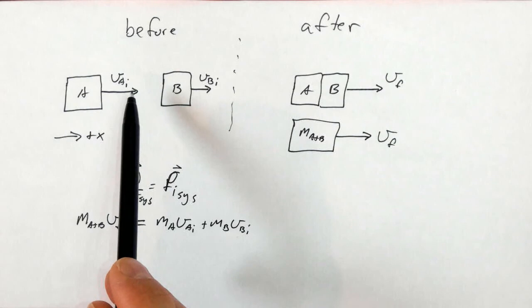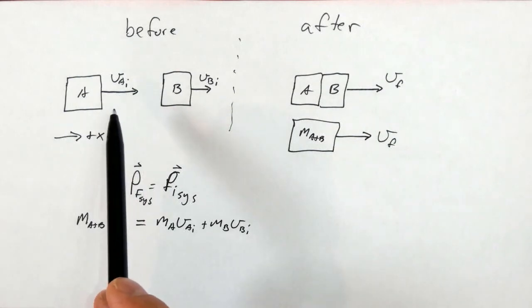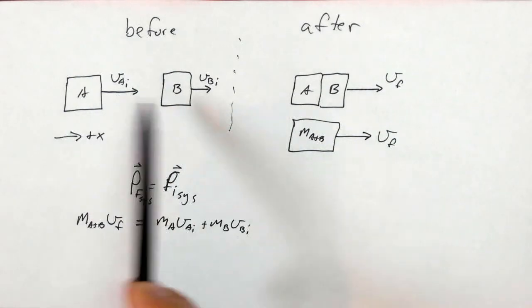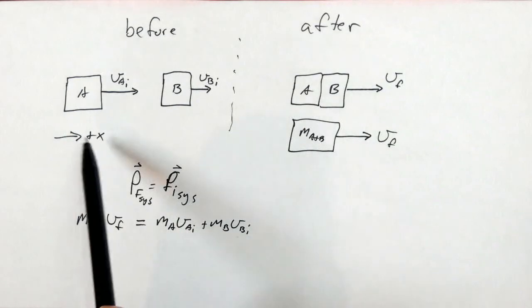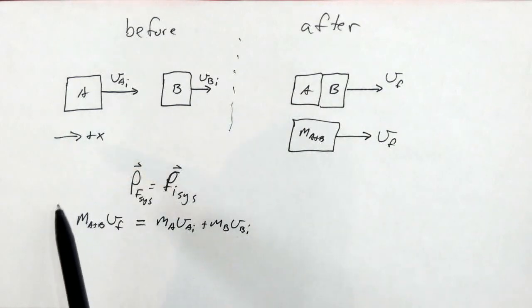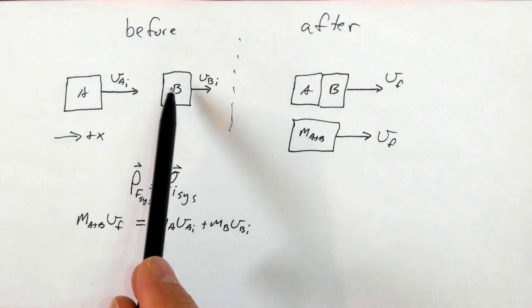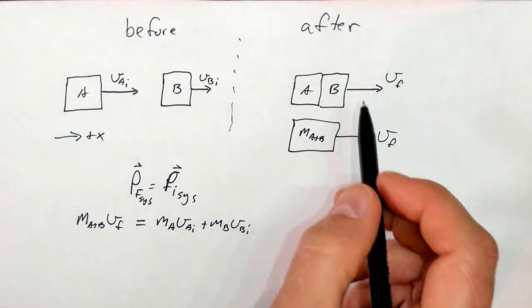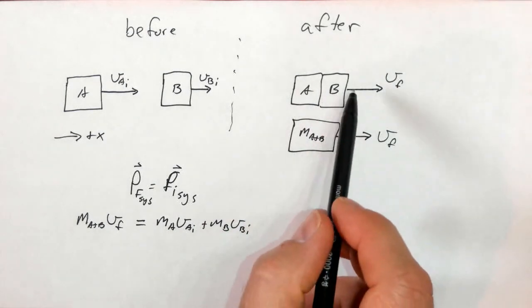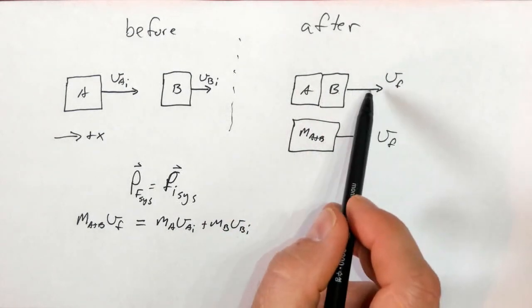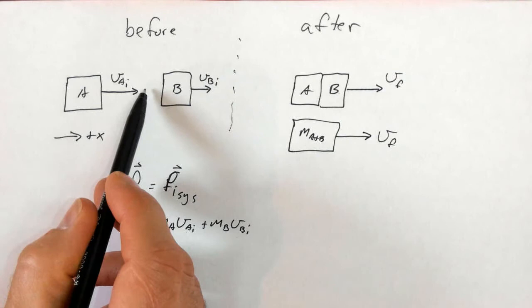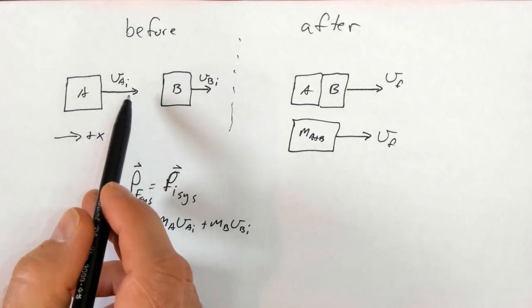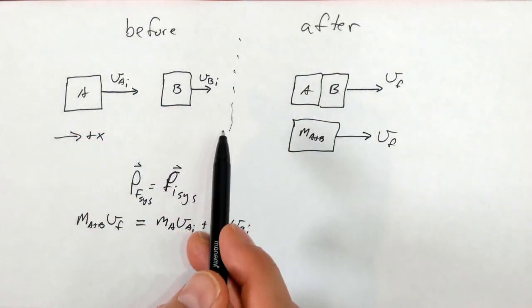Sorry, I'm stuttering. Whatever the directions, this will work as long as you define a proper positive direction. So I could have this one moving that way and this one moving that way, it doesn't really matter. But an important thing is that we may not even know the direction of the final velocity, because if this one was moving backwards and this one is moving forward, well, this one could be moving backwards. We don't know.